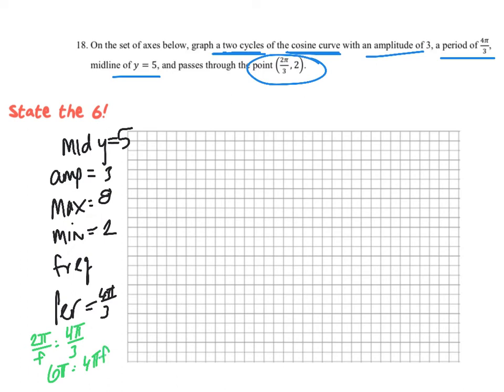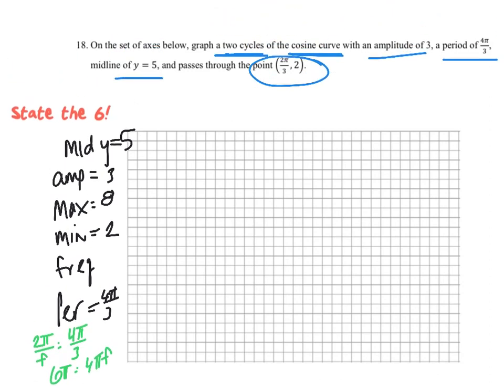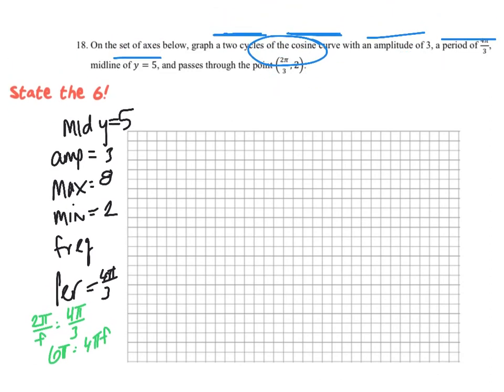Divide out the 4 pi, so the pi's will cancel. So I'm going to say f equals 6/4, which is really 3/2. Okay, so until I do that, I'm not even ready to draw out the axes.